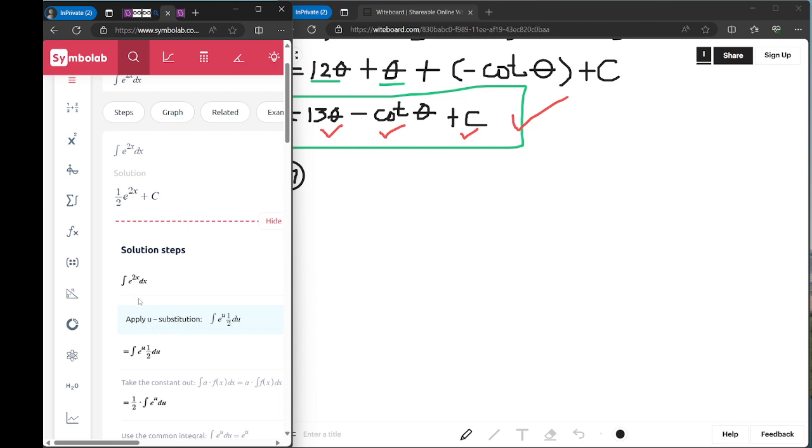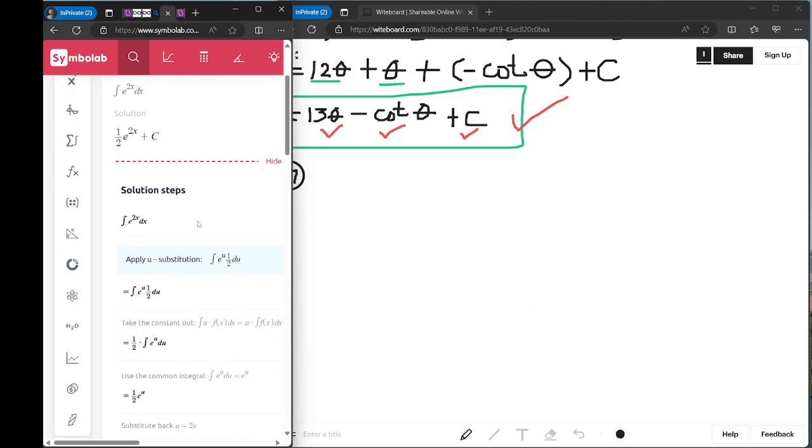We let u, since we don't have an integral of e to the 2x, so we will change 2x into a single variable, which is u. But we need to determine first the derivative of 2x.